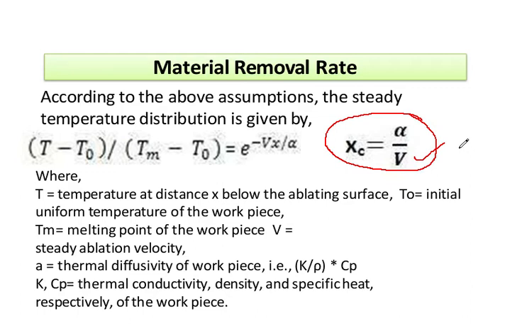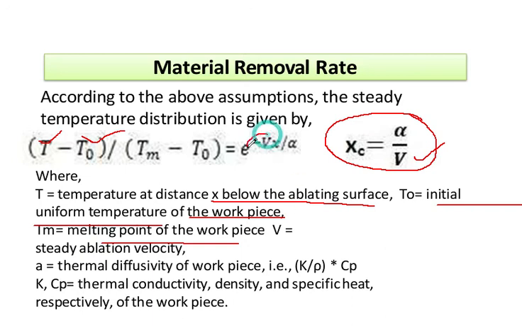You can see this alpha is the thermal diffusivity of the workpiece. T is the temperature at a distance x below the ablation surface, and T0 is the initial uniform temperature of the workpiece. Tm, as I have already told, is the melting point of the workpiece. V is your steady ablation velocity.